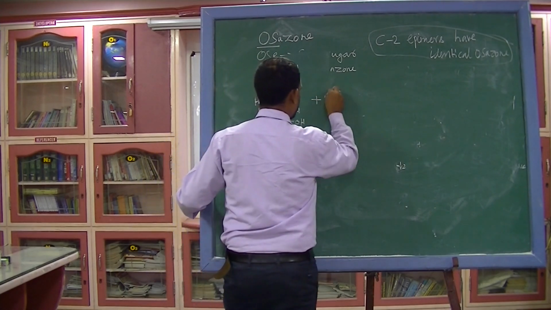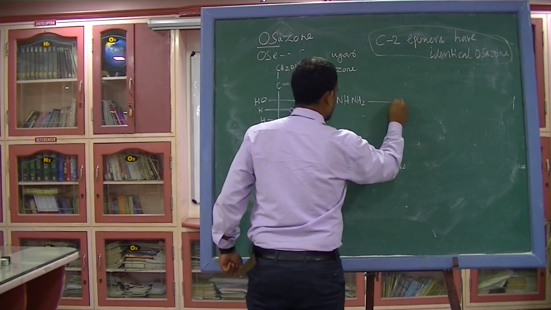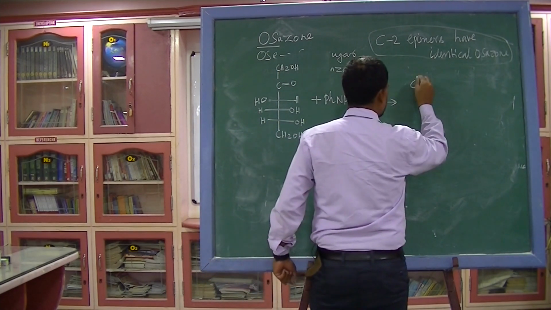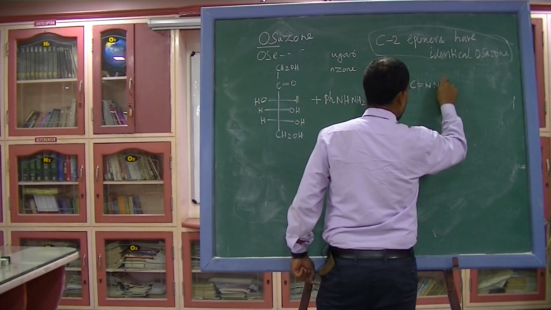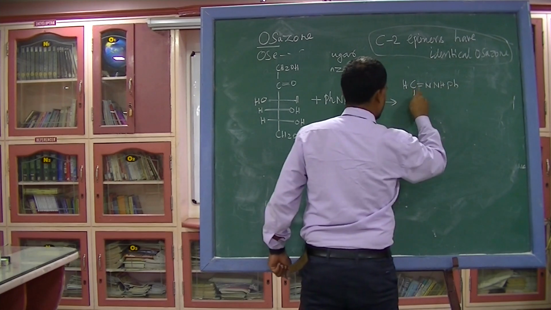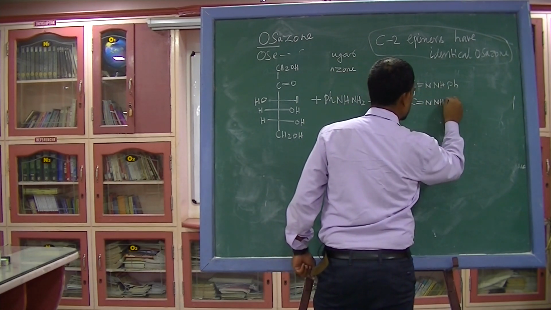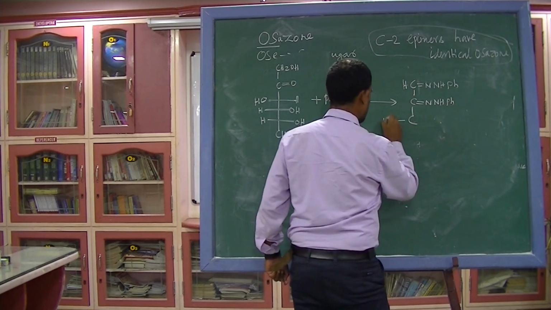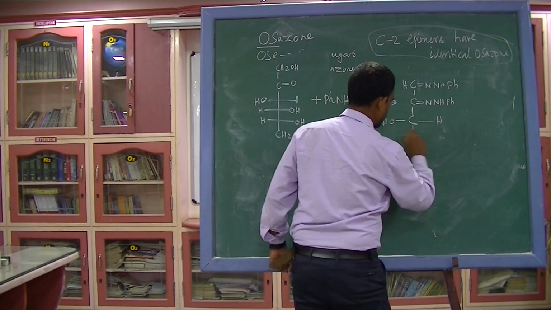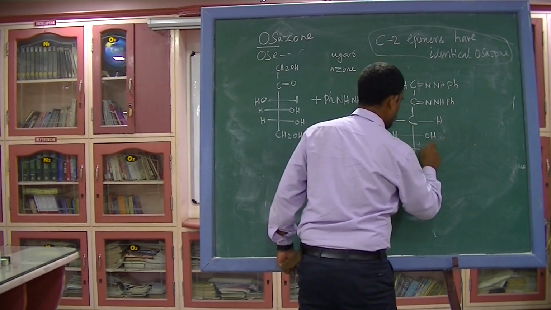Upon treatment with phenylhydrazine 3 equivalents, it gives CH double bond N NH Ph. So C double bond N NH Ph, then C OH H H OH H.